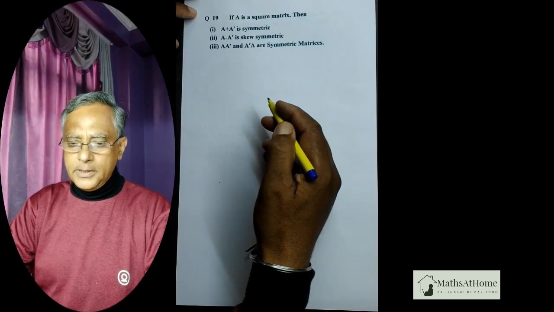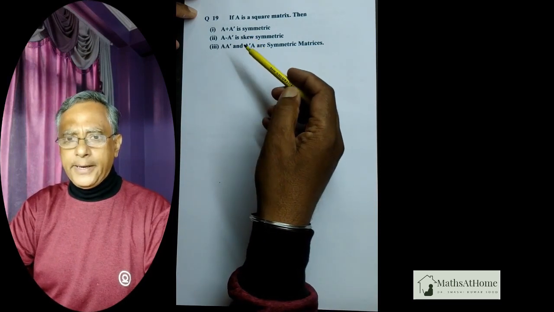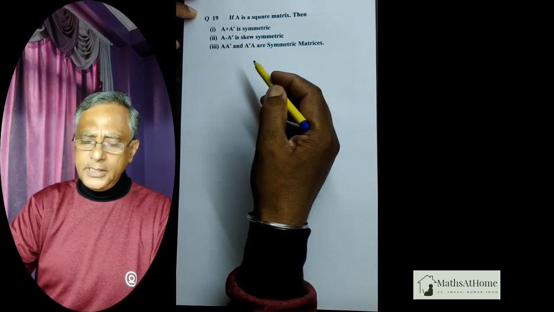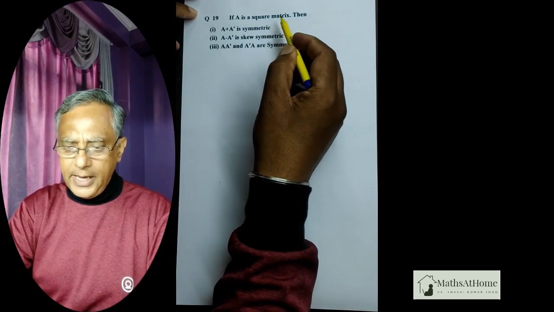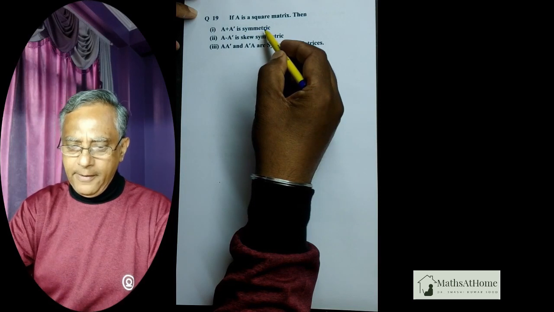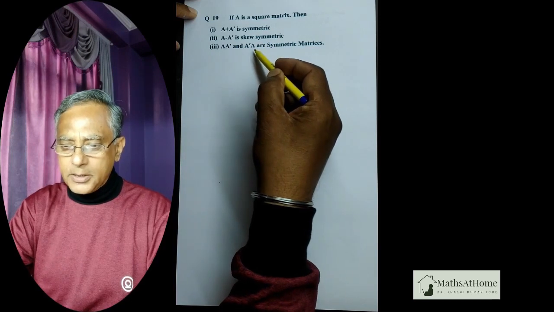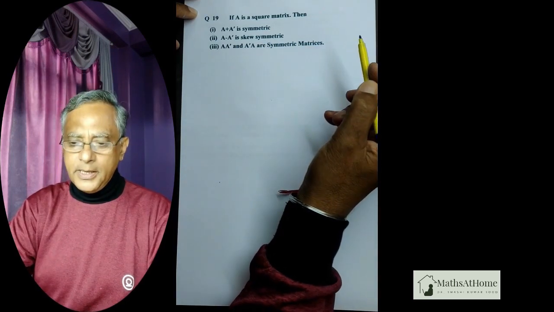Now I take up some questions based on symmetric and skew symmetric matrix. First question is, if A is any square matrix, then A plus A transpose is symmetric, A minus A transpose is skew symmetric, and A dash and A dash A are symmetric matrices.